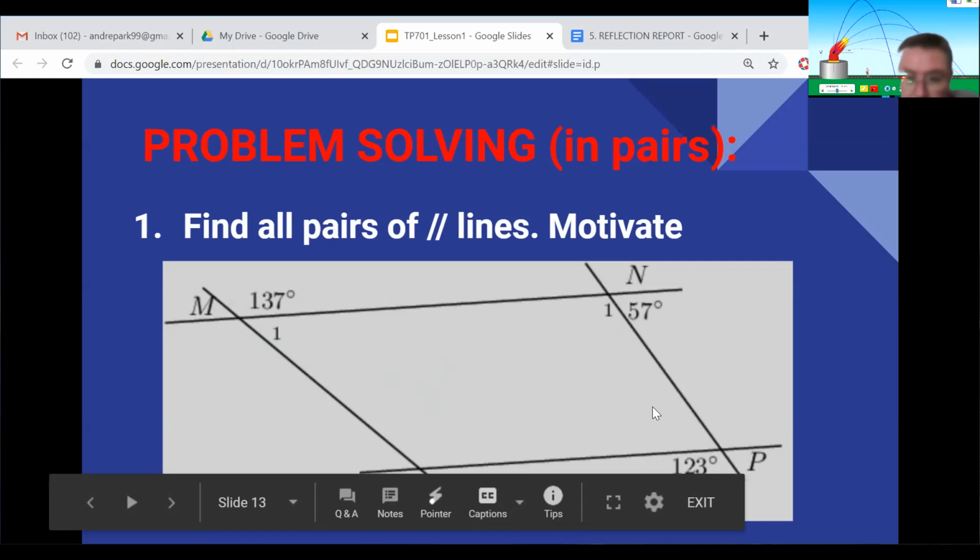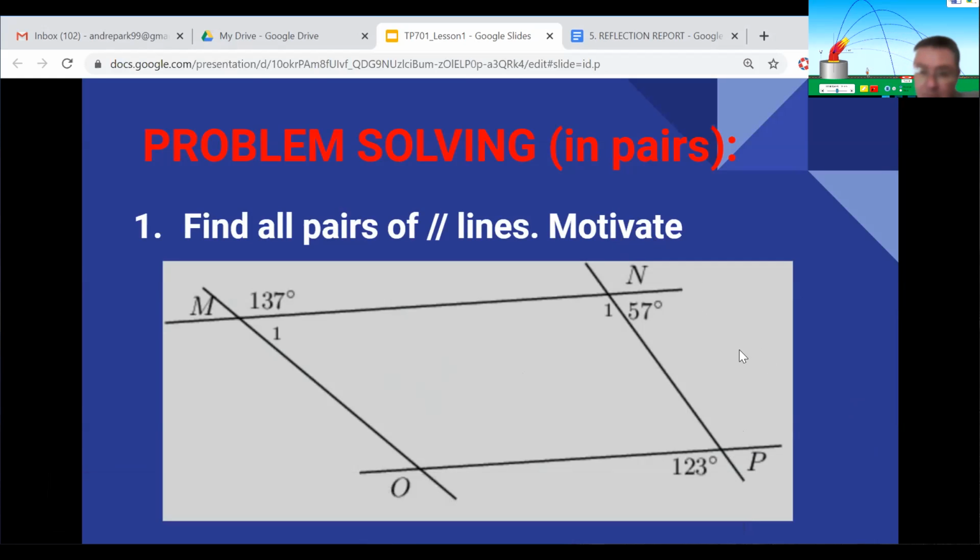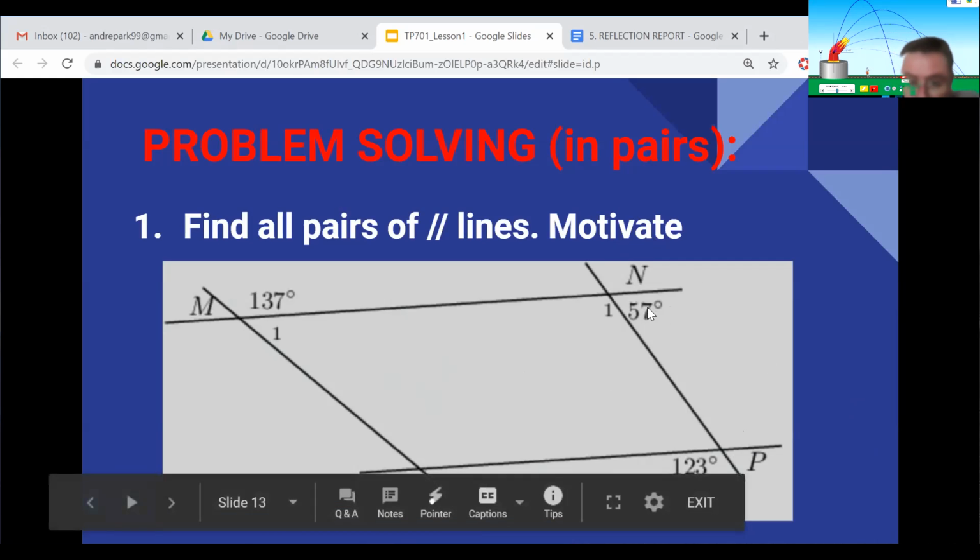Let's look at MN and OP. Would you say these lines are parallel? Perhaps, possibly. But now they say motivate or prove. What do we know about the opposite angles?